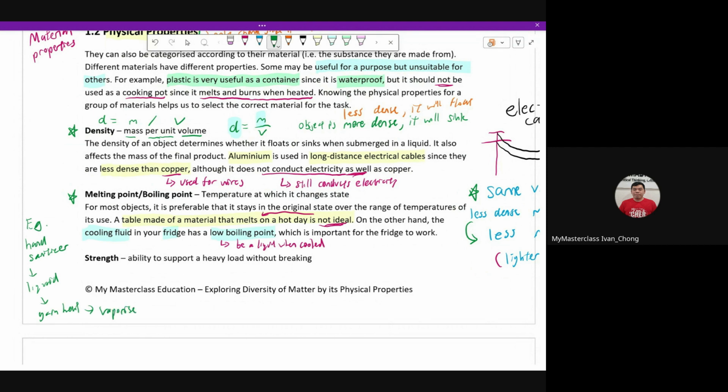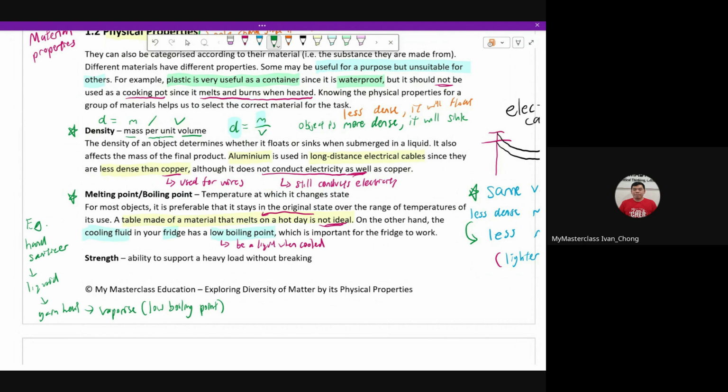Because of that, you don't want your hand to be full of liquids. It's wet. Nobody likes that to happen. So hand sanitizer has a low boiling point, so that when it touches your hand and it gains heat from you, it will vaporize and bring away all the heat that you have in your hands. So because of that, you will feel very cool after you spray hand sanitizer on your hands.